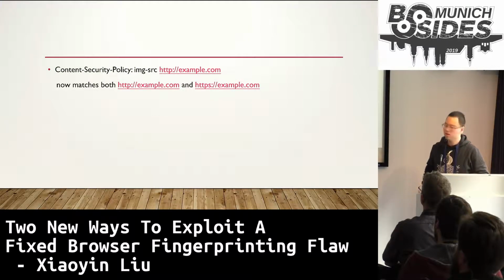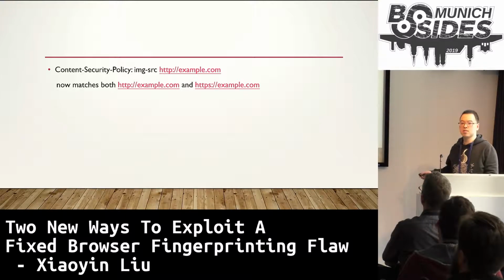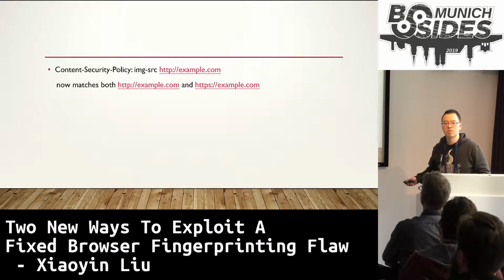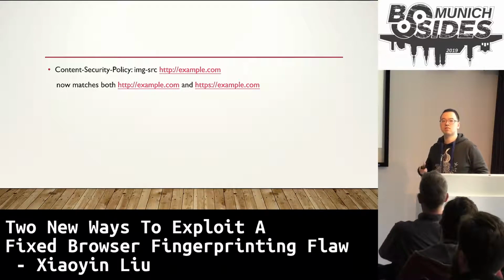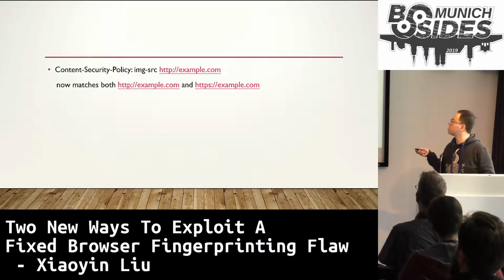So now the same CSP header matches both HTTP example.com and HTTPS example.com. This means we can no longer exploit the SNIFFLY attack, because now you cannot use this header to block the HTTPS request.